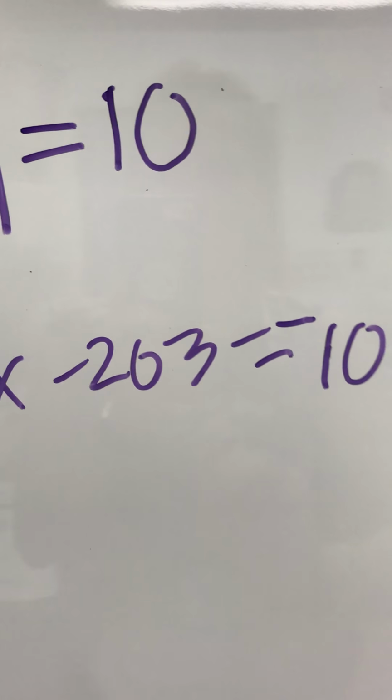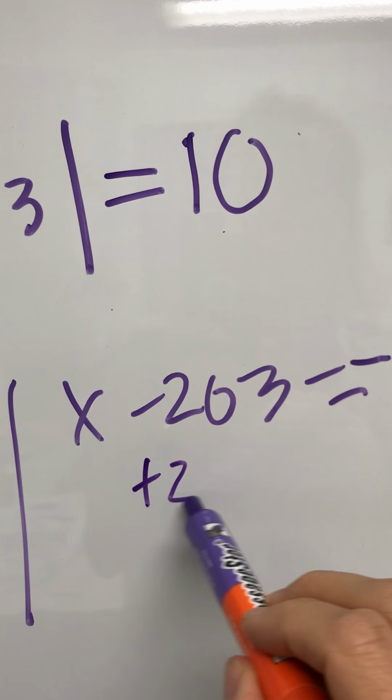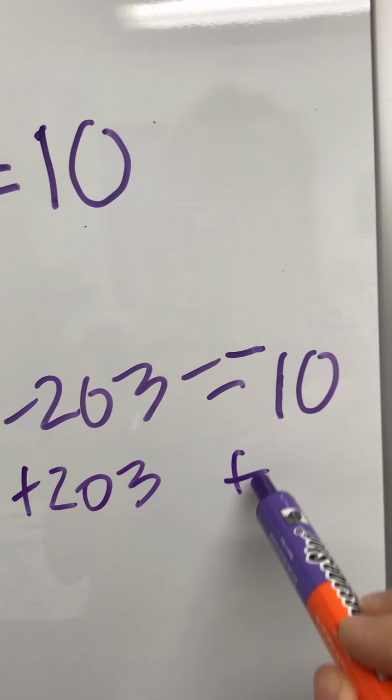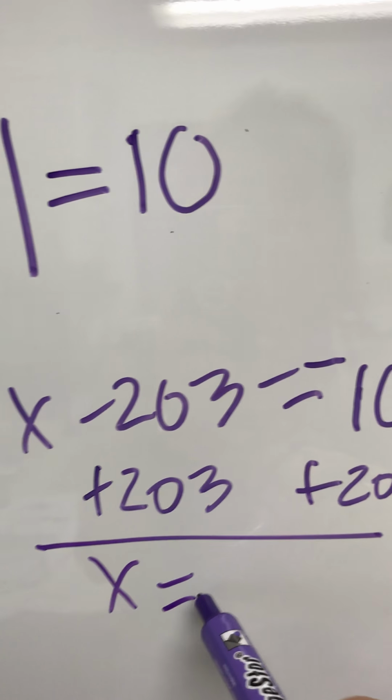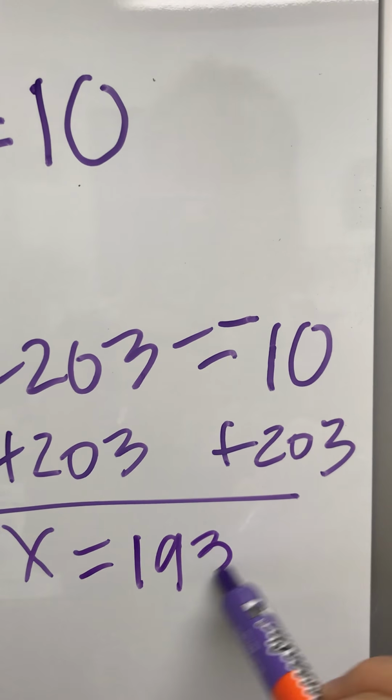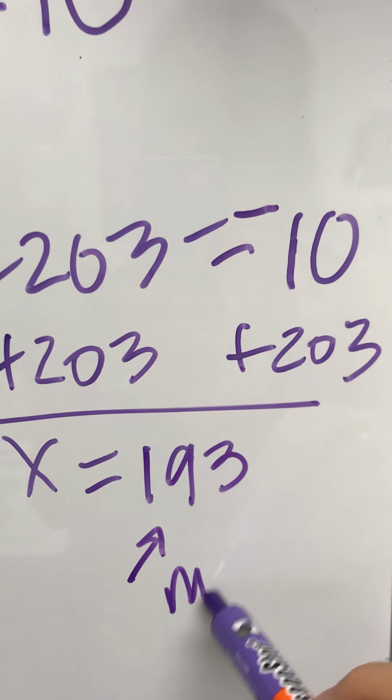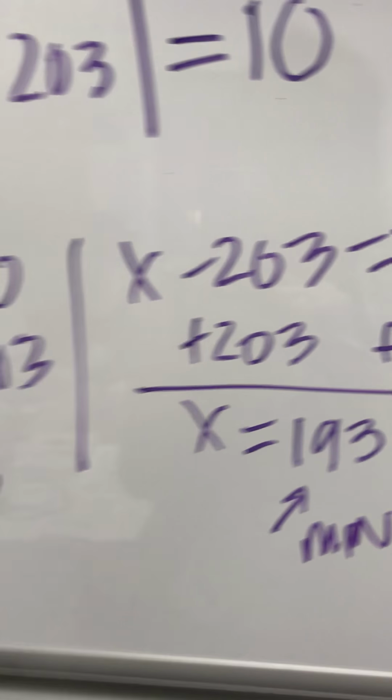And if we come over here, if we add 203 and we add 203, what are we going to get? We're going to get x equals 193, and that's the minimum. Max and min.